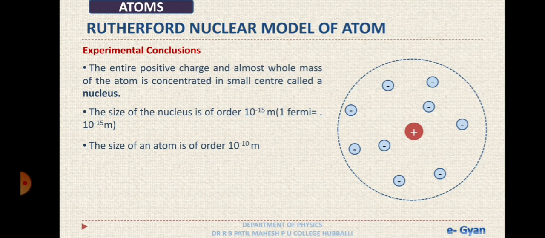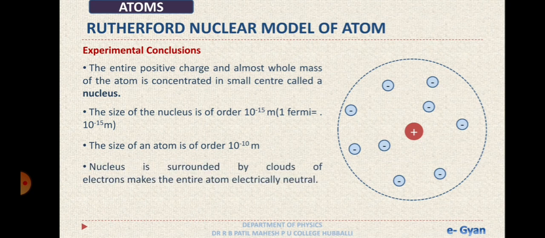The same thing has been proposed by Rutherford, that the size of the atom is of the order 10 raised to minus 10 meter. The nucleus is surrounded by clouds of electrons, which makes an atom electrically neutral. The positive charge is at the center in the nucleus, whereas electrons are around the nucleus in the form of clouds.